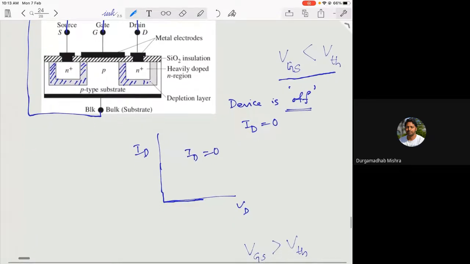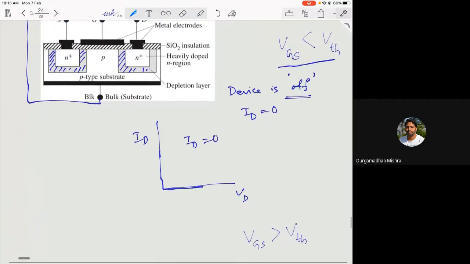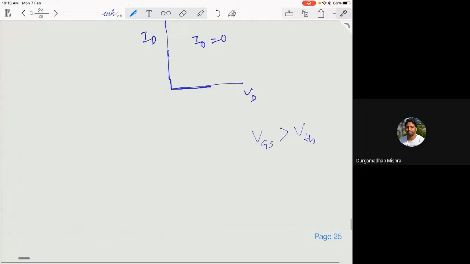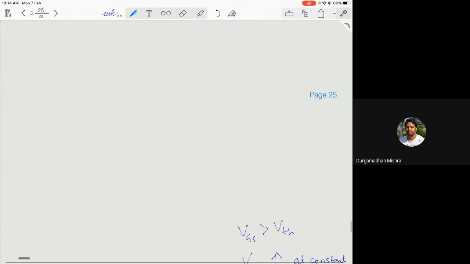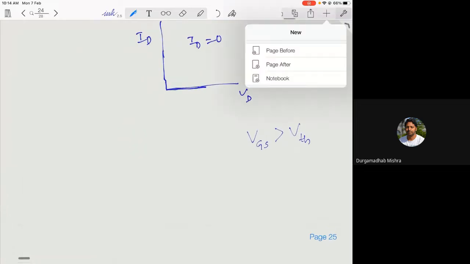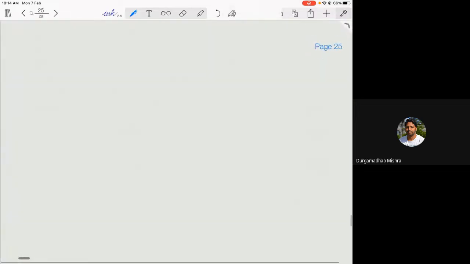Now you increase your gate to source voltage. So now I will draw the circuit so that it will be easy to understand. So let's go to this page here. So now let's say I increase the gate voltage and make it greater than the threshold voltage.